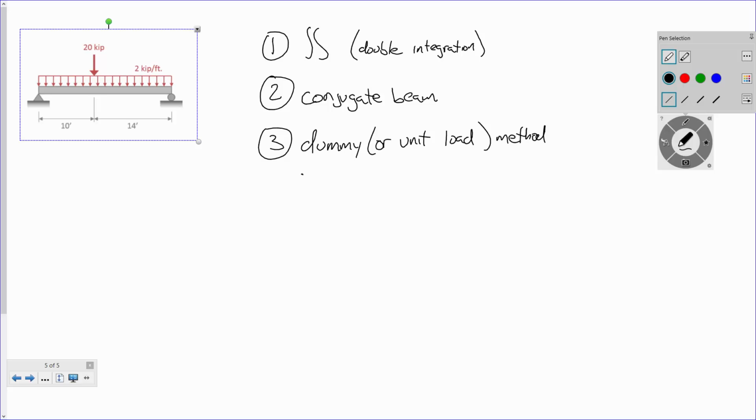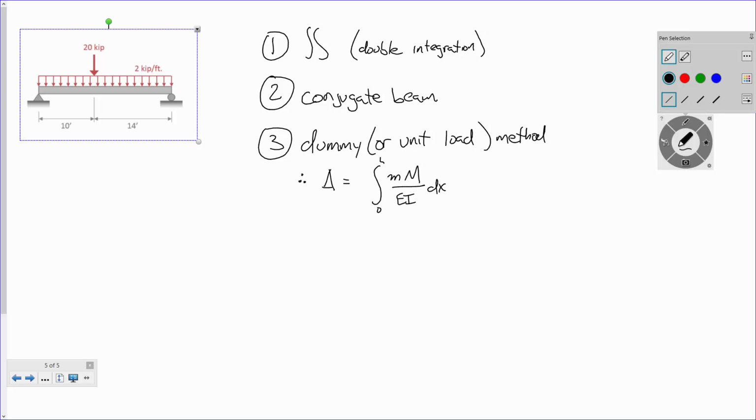In other words, we can calculate the deflection, instead of summing up little f big F L over AE, we can integrate little m big M over EI dx from 0 to L. Okay? I don't like that either if you've got a function or a loading scenario that's got a bunch of discontinuities.